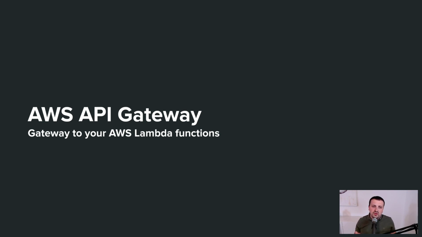But in the AWS API Gateway, you can also set up specific endpoints for every function that you have behind it. So if you really want to get to the function level, you can create an API, make every endpoint that you want, and push every endpoint to its respective function.